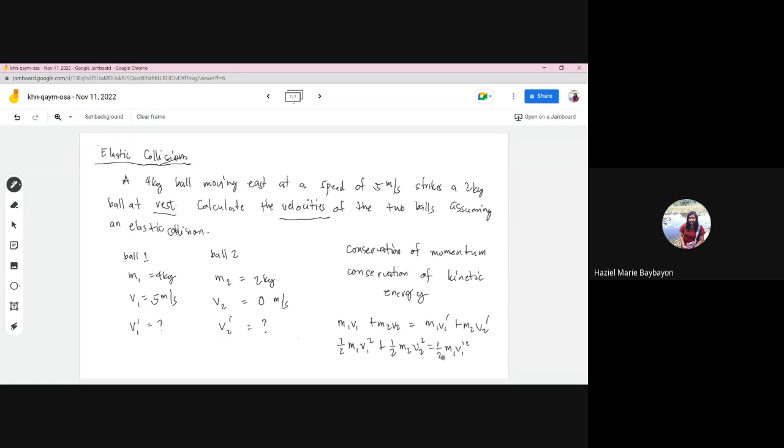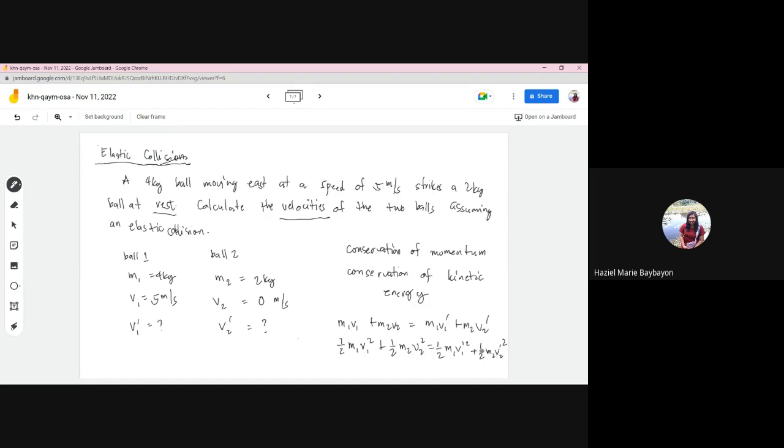So, we have 1/2 M1 V1 prime squared plus 1/2 M2 V2 prime squared. Okay. So, we have these two equations. Now, class, the numbers are on the left-hand side of the equation, and what remain are the variables on the right-hand side of the equation.